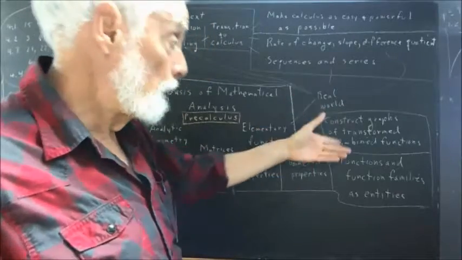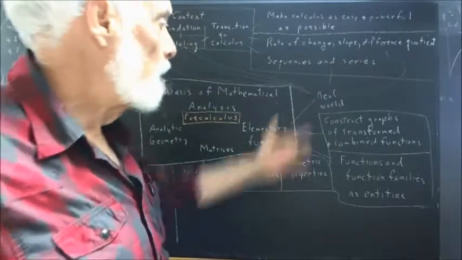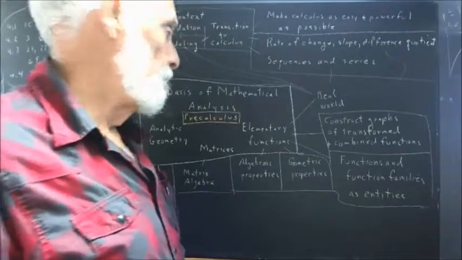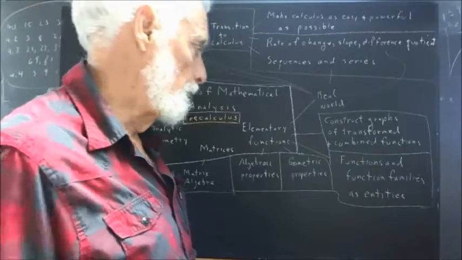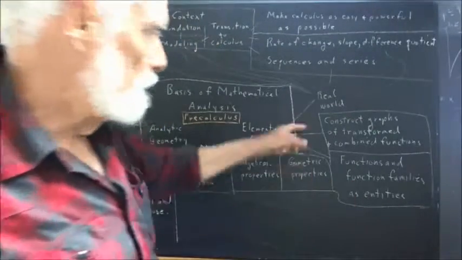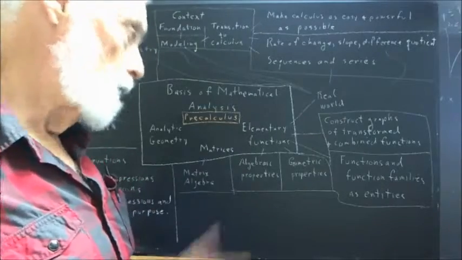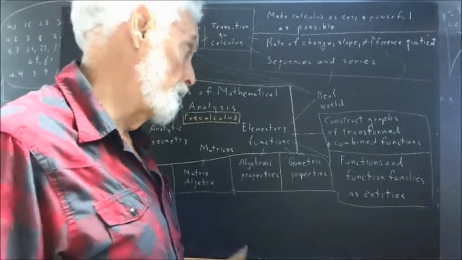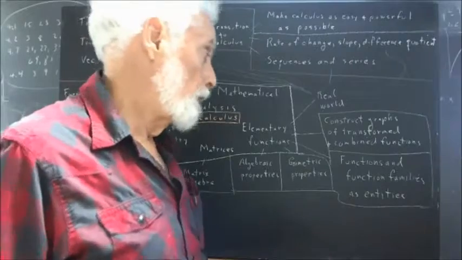We don't want to perform miracles here, but we want to get an idea of how to construct graphs and not punch them into a calculator and look at the pretty picture, which doesn't really tell you much of anything. Although the ability to interpret a graph is still important, you need to know how to construct them.